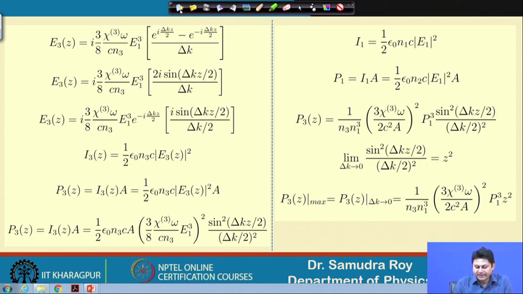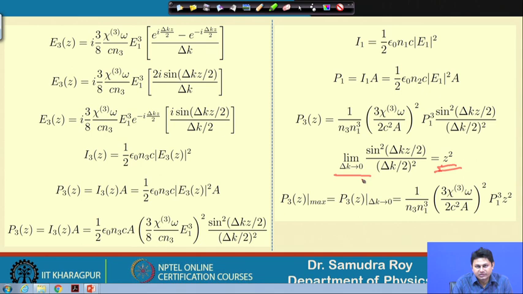So, now the next thing is to find out the corresponding efficiency. If I try to calculate the maxima of these things, as I mentioned, the maxima will appear at delta k tends to 0. When delta k tends to 0, this sin square of delta k z by 2 divided by delta k by 2 whole square, this function will simply be z square in the limit delta k tends to 0.